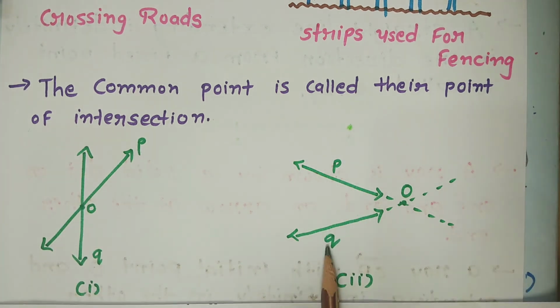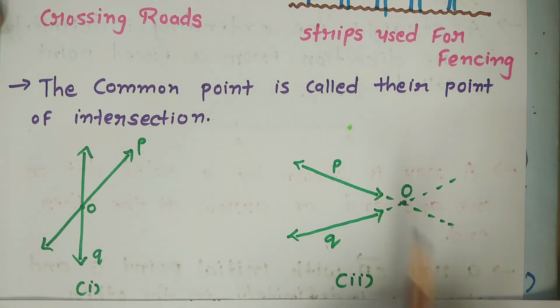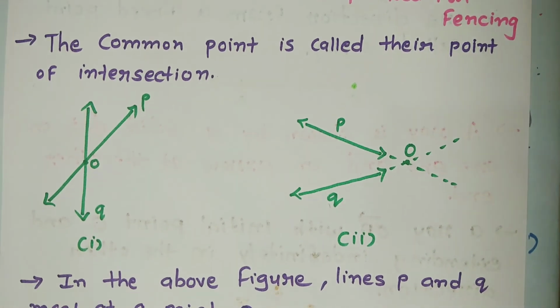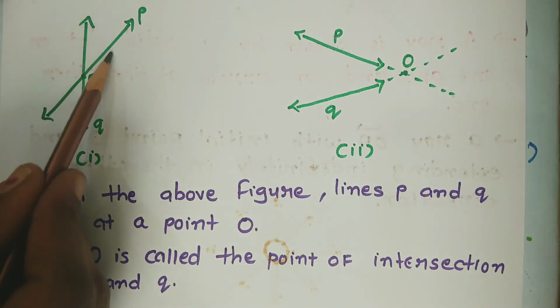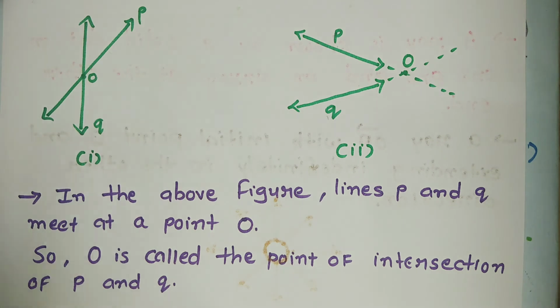Line P and line Q intersect at point O. In the above figure, lines P and Q meet at point O. So O is called the point of intersection of lines P and Q.